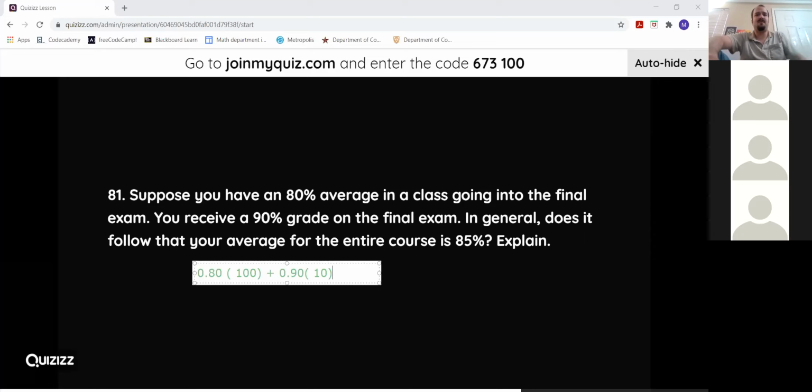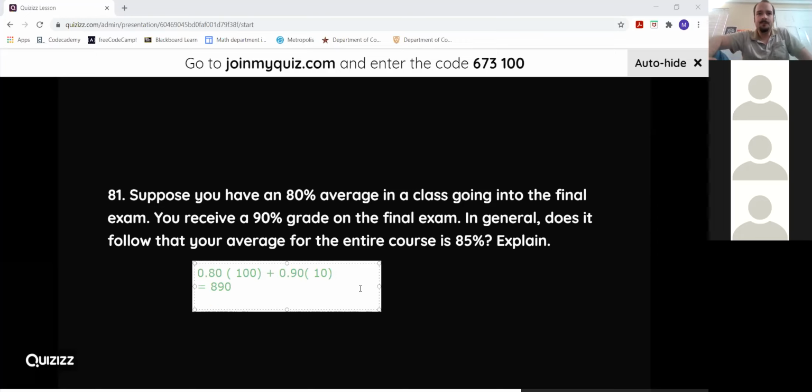So if we average these two things together, I think we're going to get what? Something like 89, sorry. And so what percentage of the things did you actually get correct? You got 89 out of the 110 correct. And so 89 out of 110 is what? 80.9.